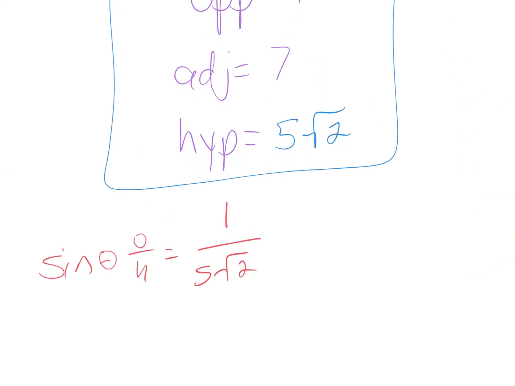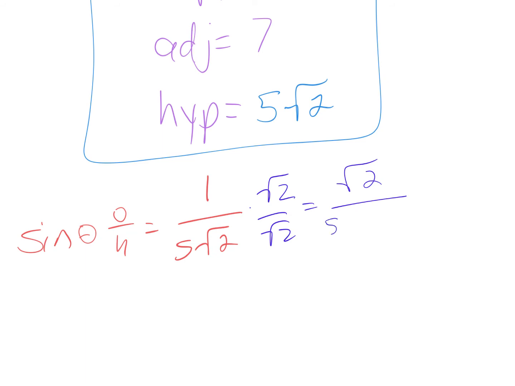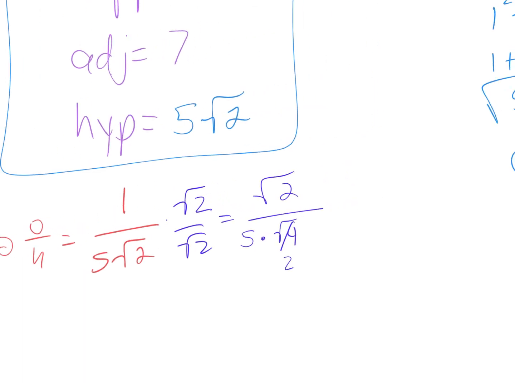But if I rationalize by the square root of 2, everybody stay with me here. 1 times root 2 is the square root of 2. In the denominator, I have 5 times the square root of 4, because the square root of 2 times the square root of 2 is the square root of 4. Agreed? What is the square root of 4? And what is 5 times 2? So this is really the square root of 2 over 10.